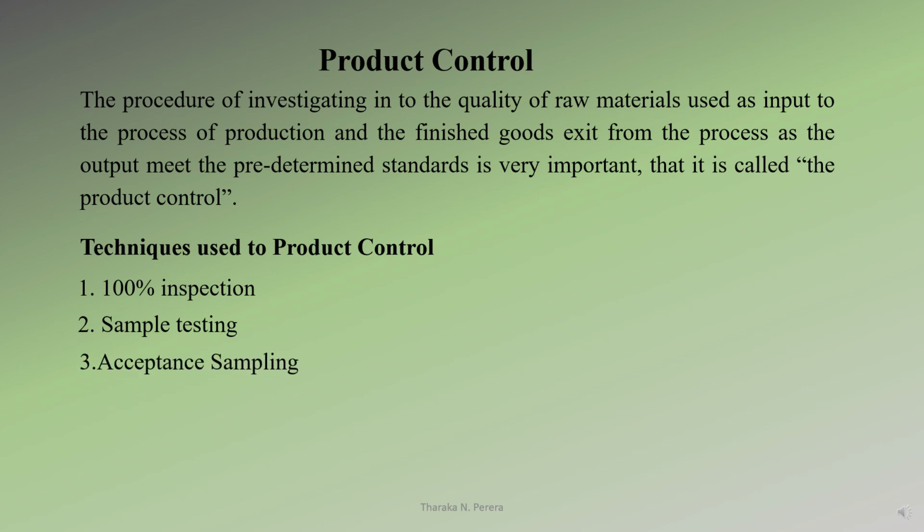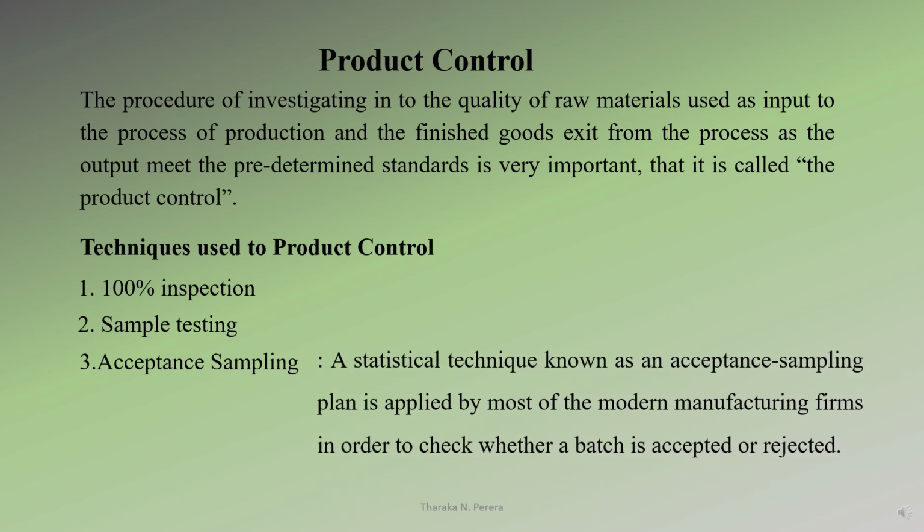But acceptance sampling is the most widely used technique for product control. The statistical technique known as acceptance sampling plan is applied by most modern manufacturing firms in order to check whether a batch is accepted or rejected. Those are the product control techniques.